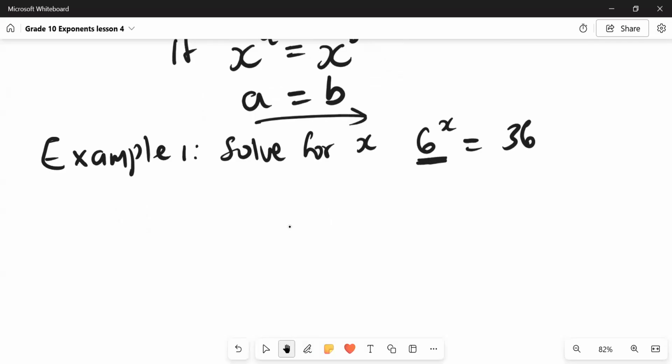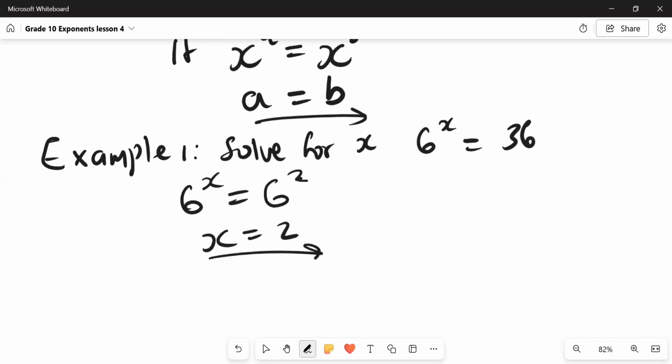It's giving us the direction to change whatever is on your right-hand side in terms of 6. So you'll have 6 to the power of x equals to 6 squared. The bases are the same, drop down the exponents. X is equals to 2. You are done. Simple as that.